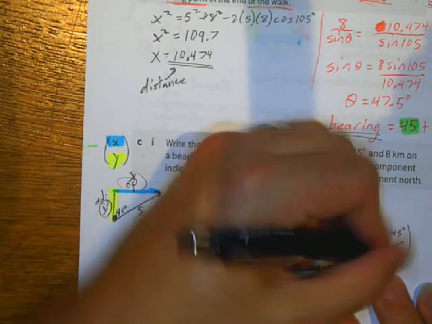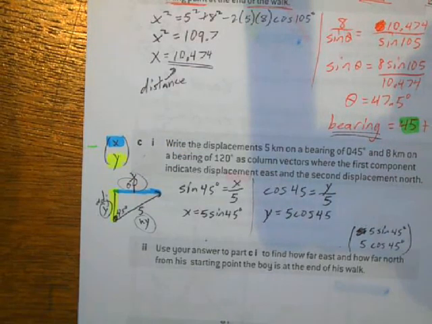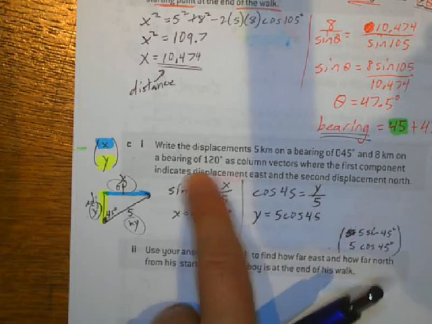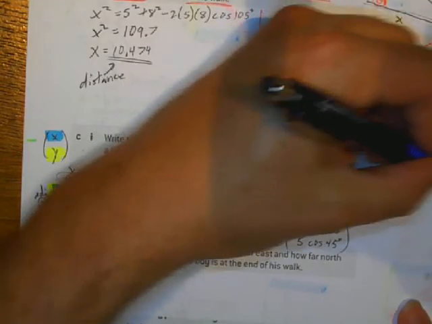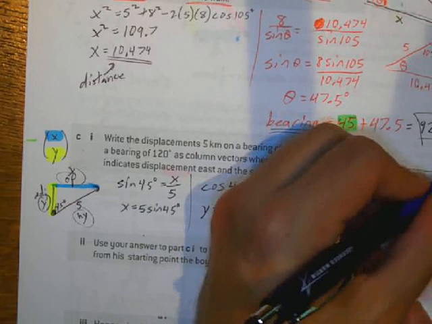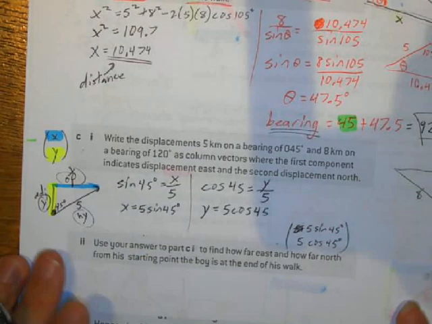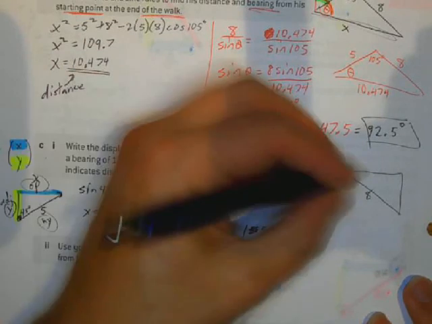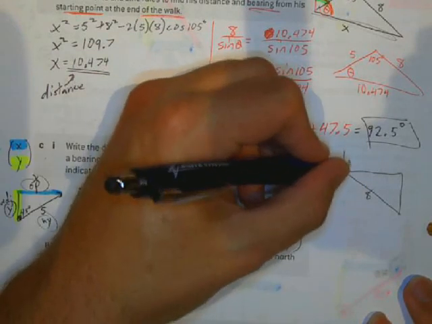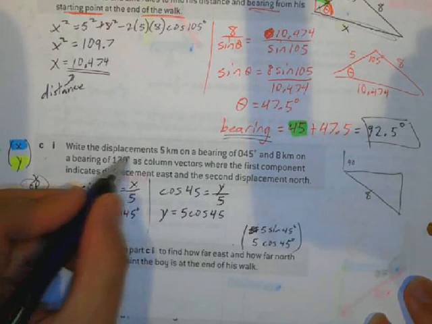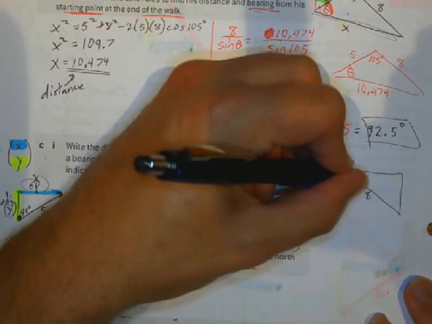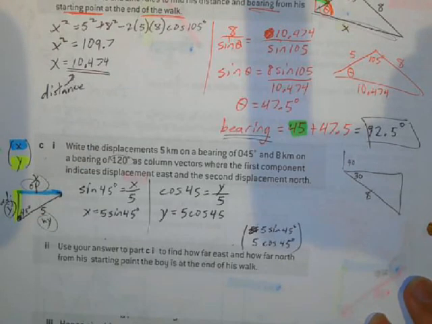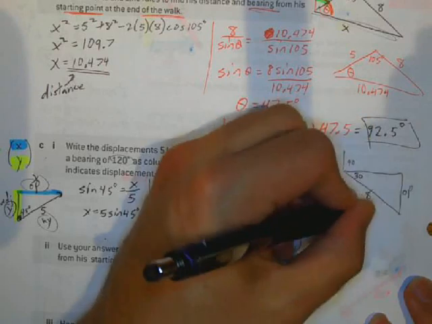Okay, now I've got this other triangle here. 8 kilometers with a bearing of 120. Okay, 8 kilometers with a bearing of 120. So as we said, if this is 90 and it's 120 degrees, this is going to be 30 degrees. Okay, so we've got opposite and hypotenuse.